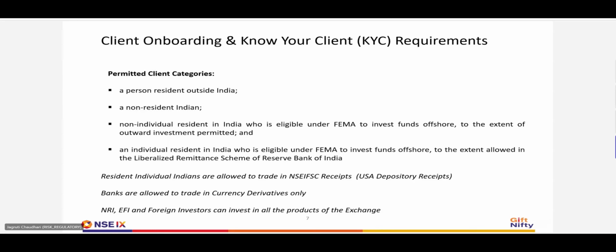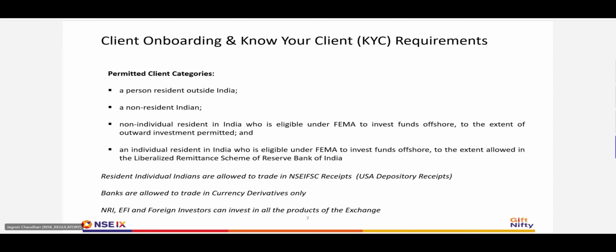Just who are permitted over here: any person resident outside India or NRI who is eligible under FEMA to invest offshore, and residents who are eligible under the LRS scheme of RBI are allowed to be clients over here.